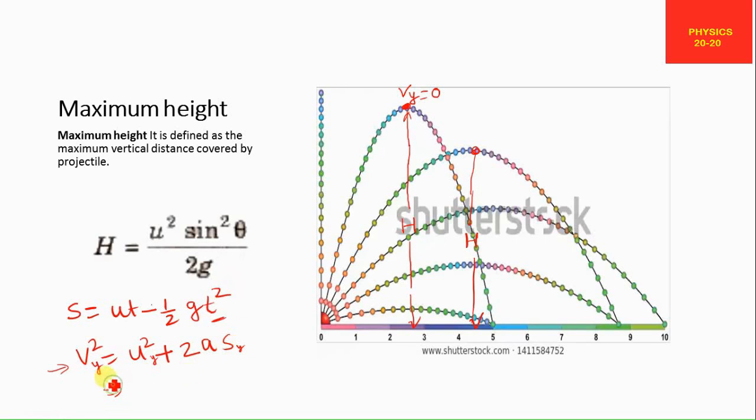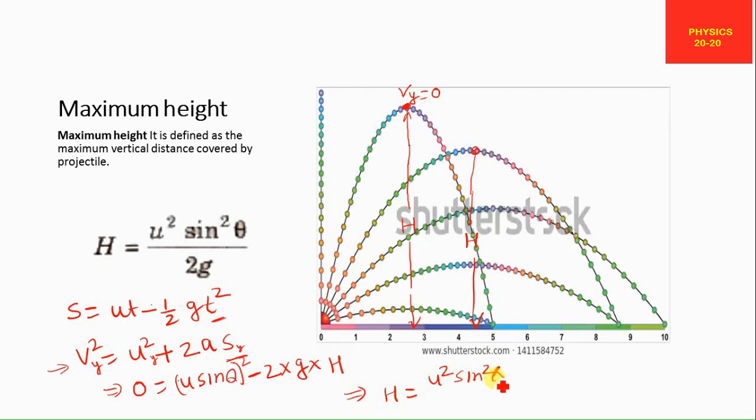The final velocity in y direction is equal to 0, and the initial velocity in y direction is u sin theta, squared, and this one is minus 2 into g into the displacement sy, which is h.